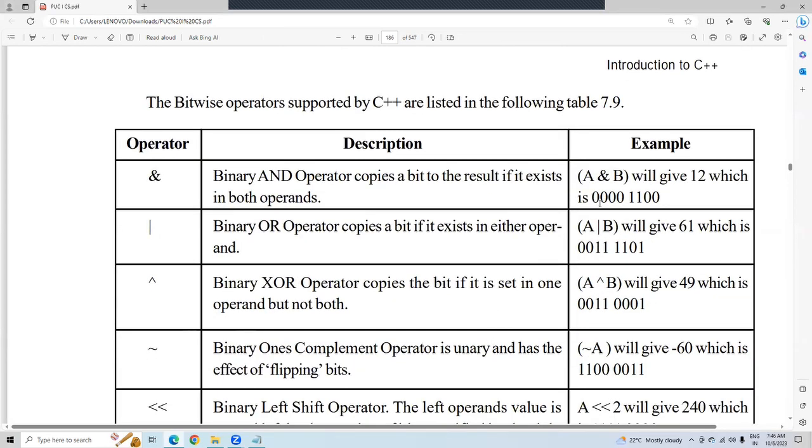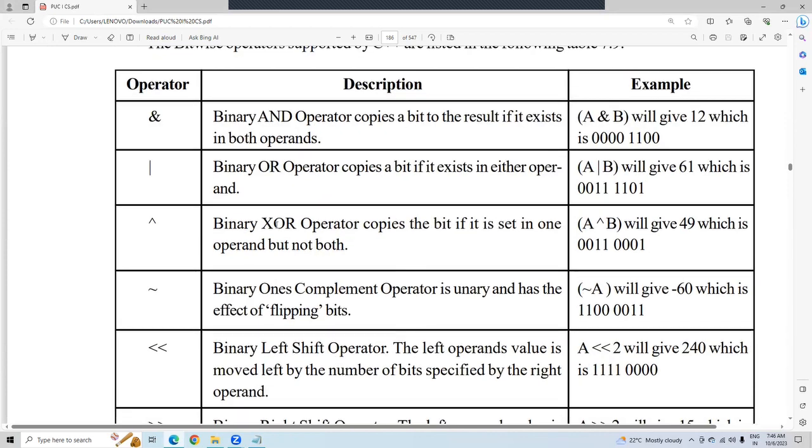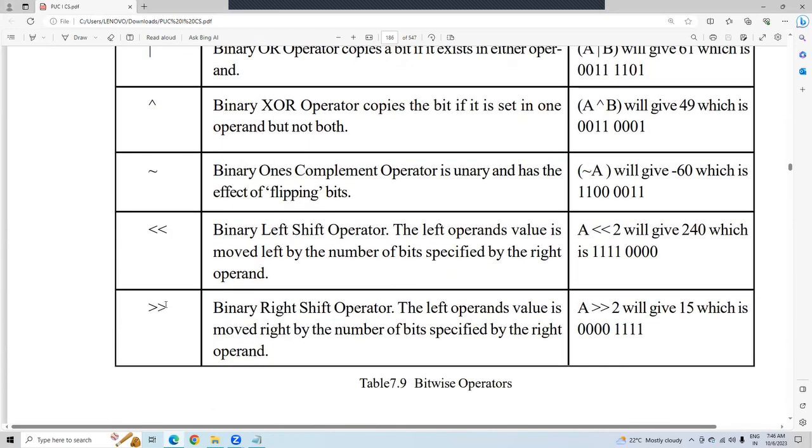So bitwise operators supported by C++ are listed here. These are two more extra: binary left shift operator and binary right shift operator. The left operand value is moved left by the number of bits specified by the right operand.